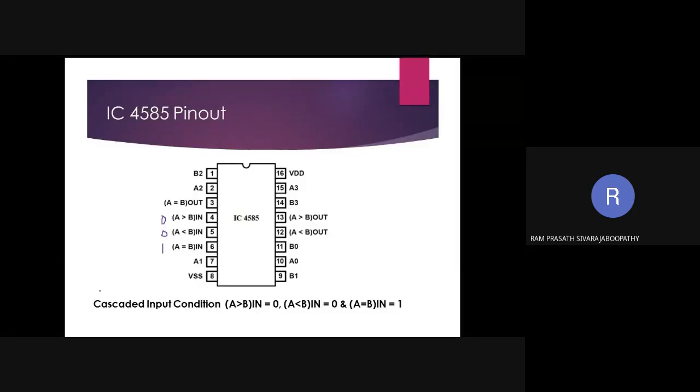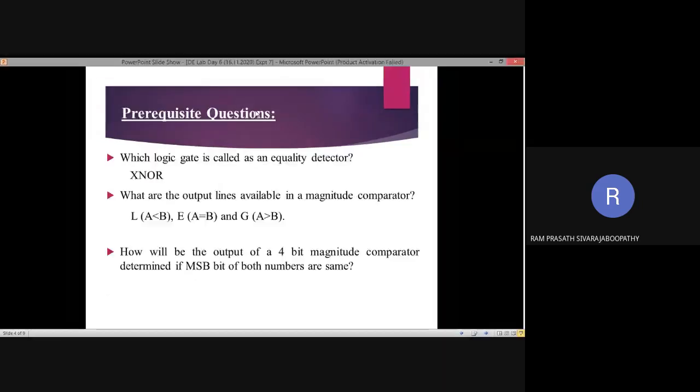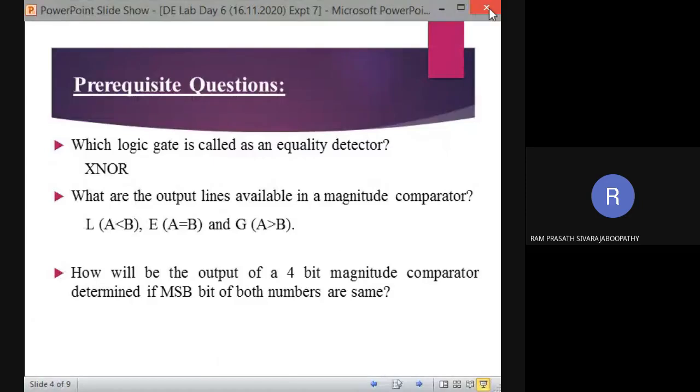Yes, okay. So now I am going to stop presenting from the system. I am going to present it from the mobile phone.